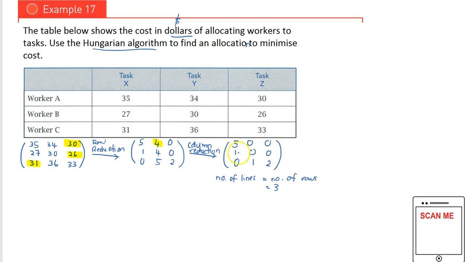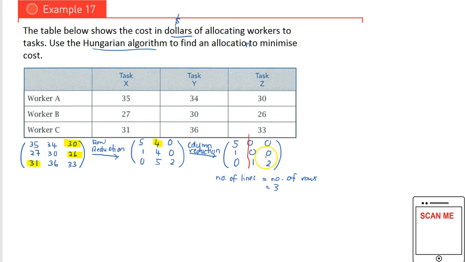Of course, I can cover all the 0s with 3 lines, but this is not the correct way. You need to think another way: which column or row contains the most 0s? You can say row 1, row 2, you have 2 zeros, or column 2 and column 3, you have 2 zeros. So maybe I cover the 2 zeros in column 2 using one line. How many 0s are left? 1, 2, 3.